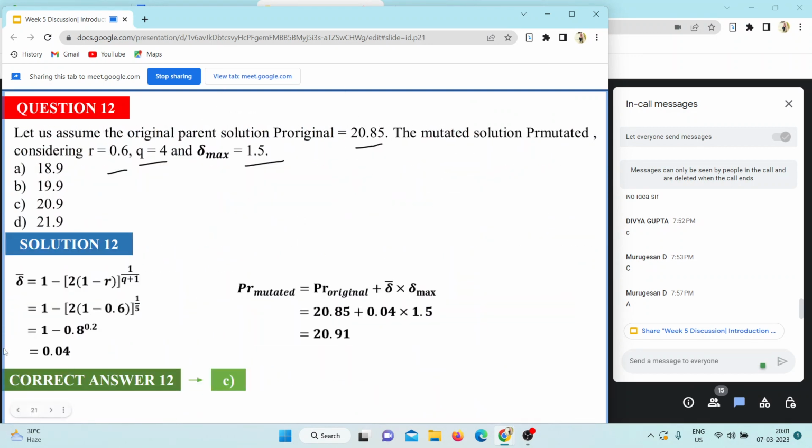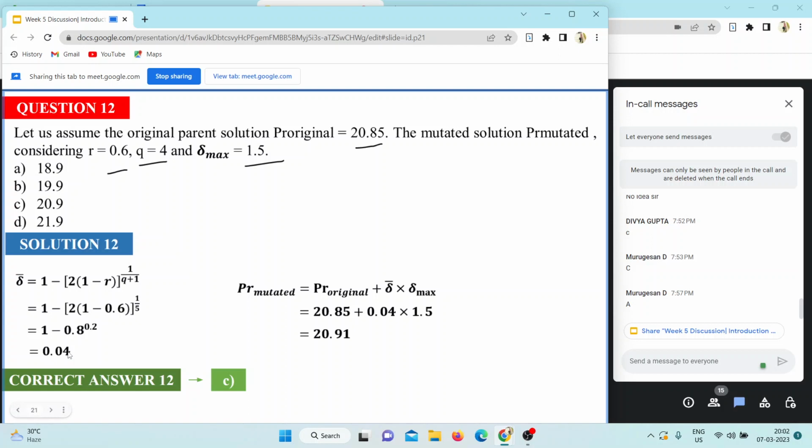So del bar equals 1 minus 2 into 1 minus R to the power 1 by Q plus 1. Q is given 4, so 1 by 5. R is given 0.6, so you can find del bar.